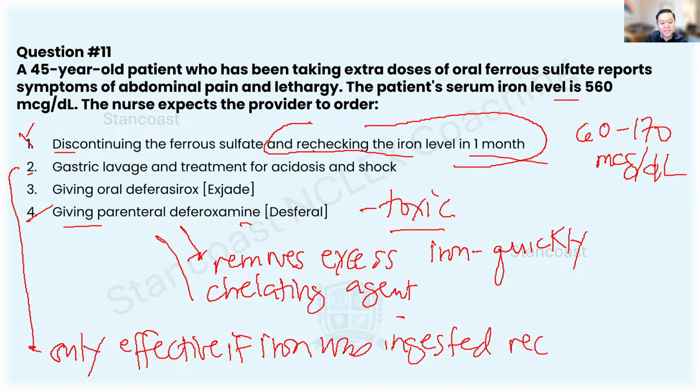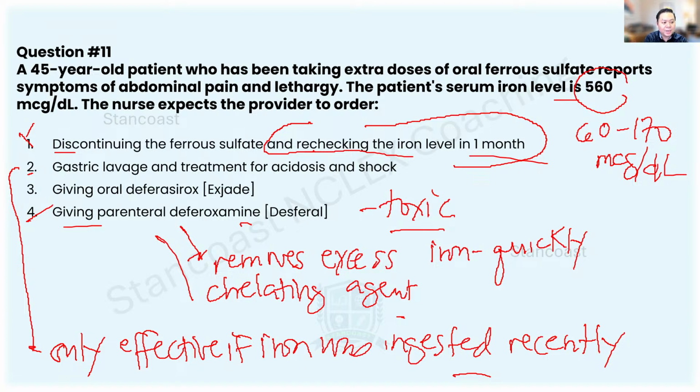So we can remove that through the insertion of the nasogastric tube, and then we allow it to drain or wash the stomach of the patient, gastric lavage, and drain it in order to remove the iron tablets. We can do that, but only if ingested recently. It's not going to be effective for this patient that has been taking it for a while. 560 is an accumulative level of excessive dosing.